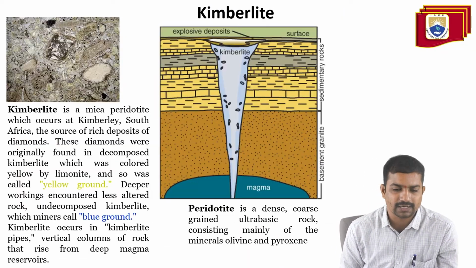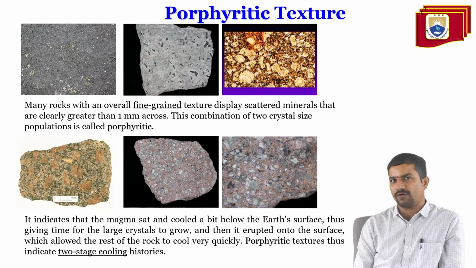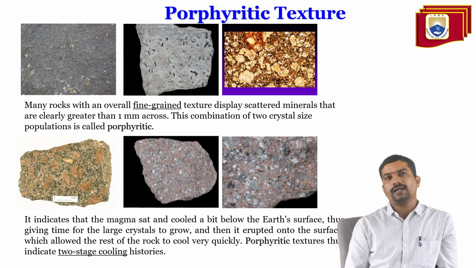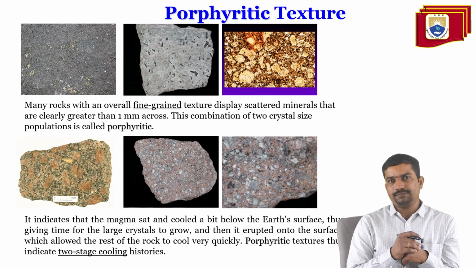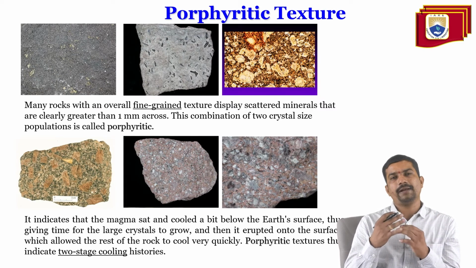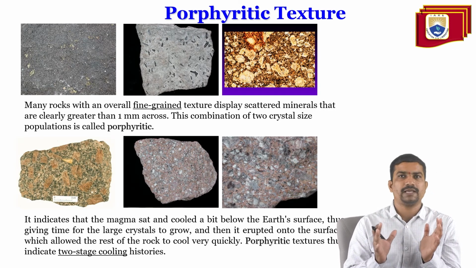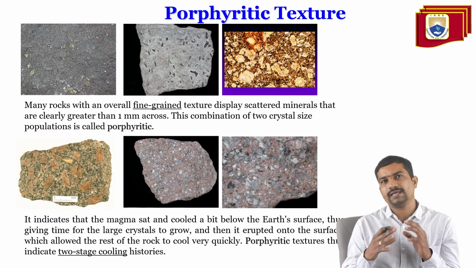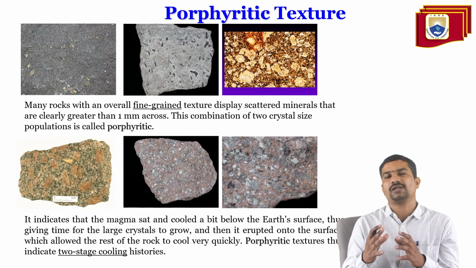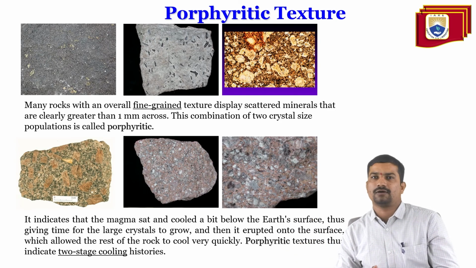So these are the different types of igneous rocks and their types of rock formation. In the next session, we will be seeing the metamorphic and sedimentary type of rock formation, and you will be surprised to see and understand how this igneous rock plays a key role in the formation of metamorphic rocks and the sedimentary rocks.